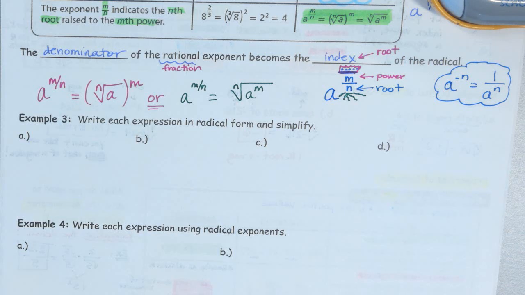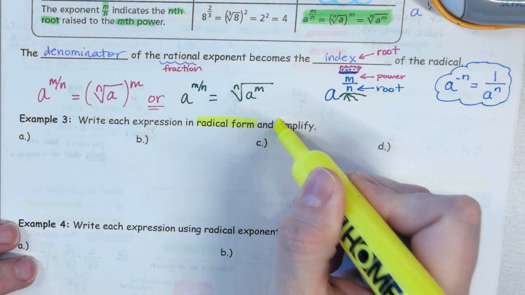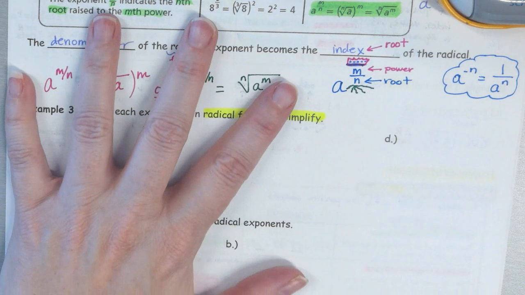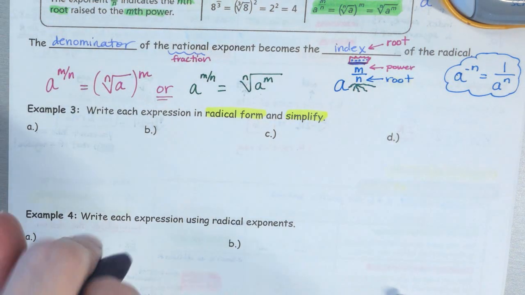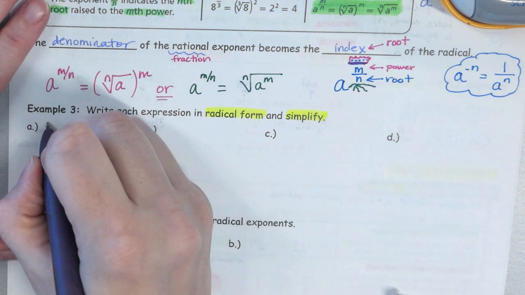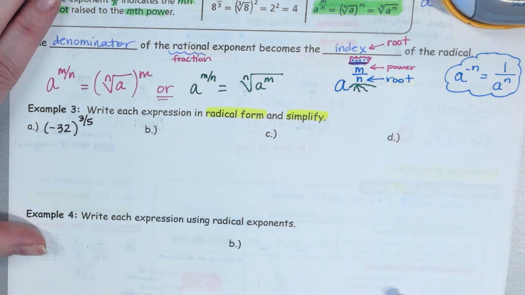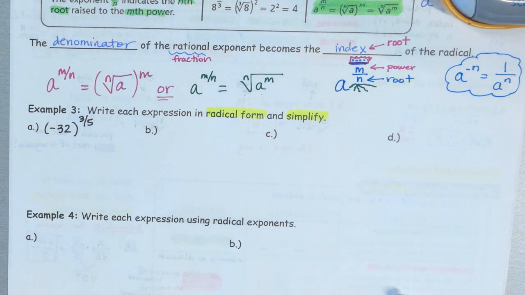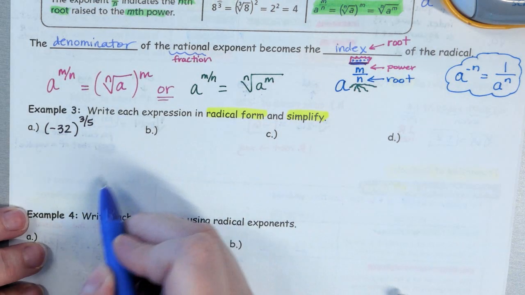Alright, so the next thing says write each expression in radical form and simplify. We're going to do a couple of these. The first one is negative 32 to the power of 3/5. The first thing you're going to do is rewrite it as a root. Now, you're going to want to do these in your head.